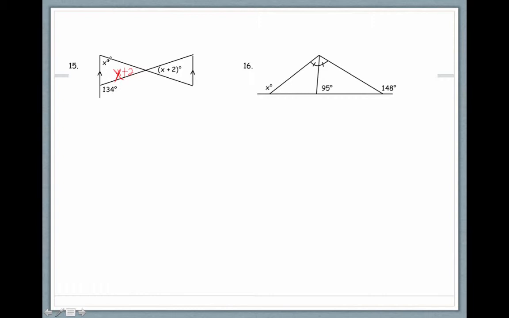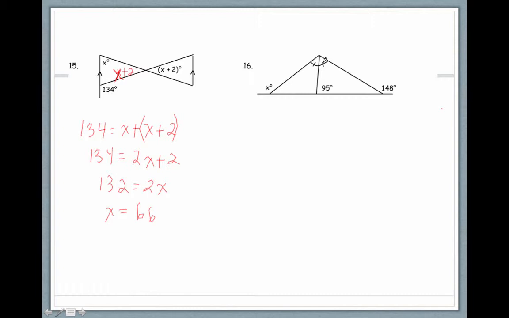And 134 is the sum of these. So 134 equals x plus 2 plus x plus 2. 134 is 2x plus 2. 132 is 2x, and x is 66.